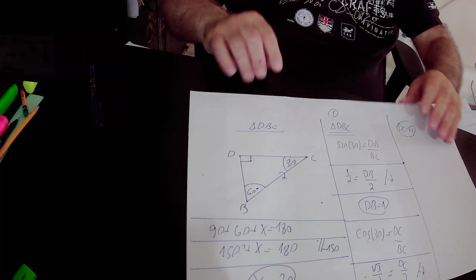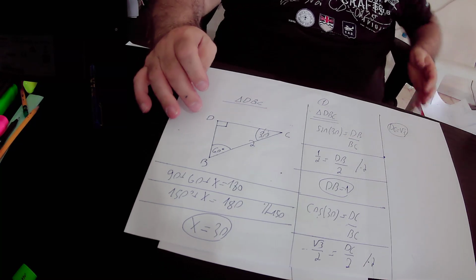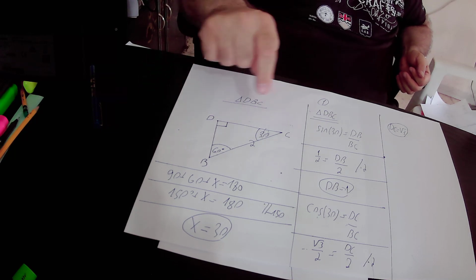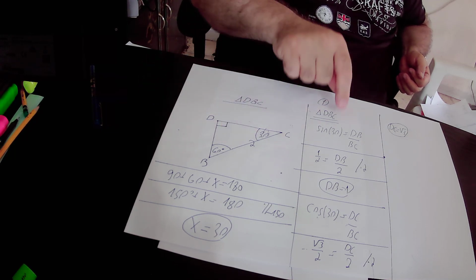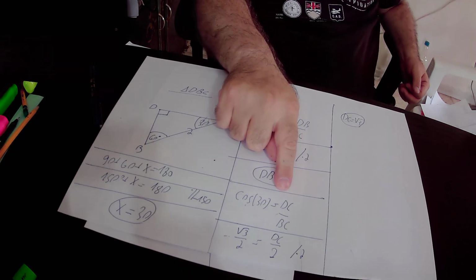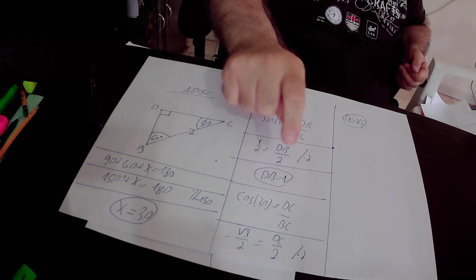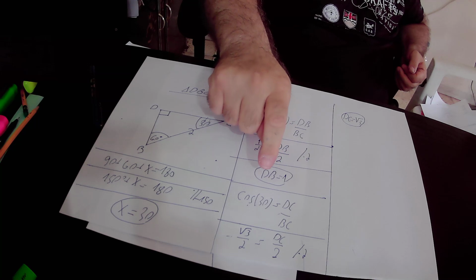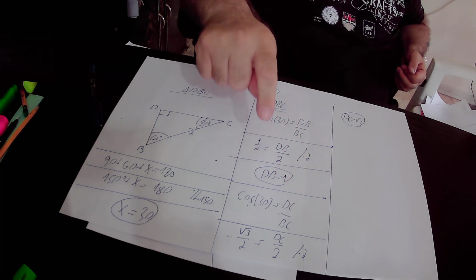We continue to focus on the right triangle DBC. In the right triangle DBC, cosine 30 degrees equals DC over BC. So cosine 30 degrees is equal to square root of 3 over 2, and it is equal to DC over BC.